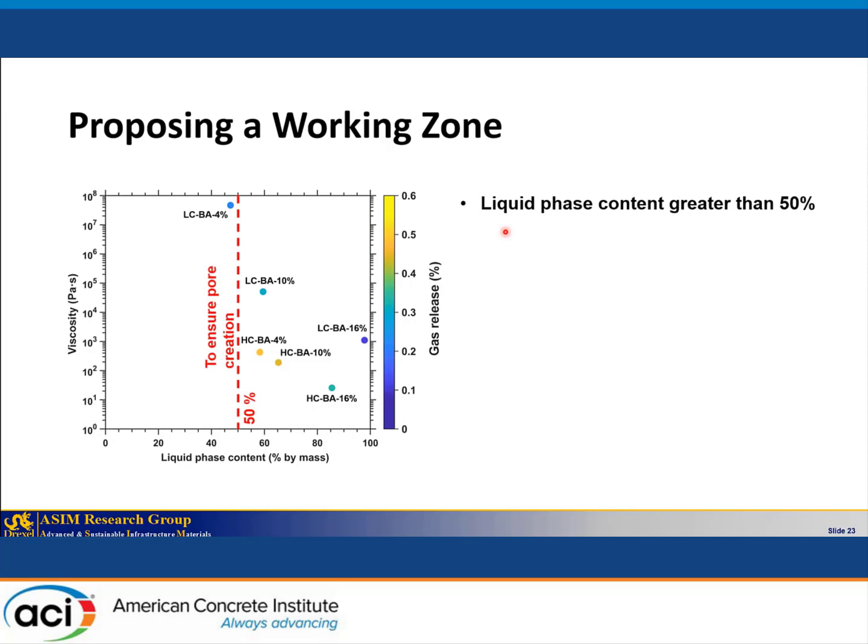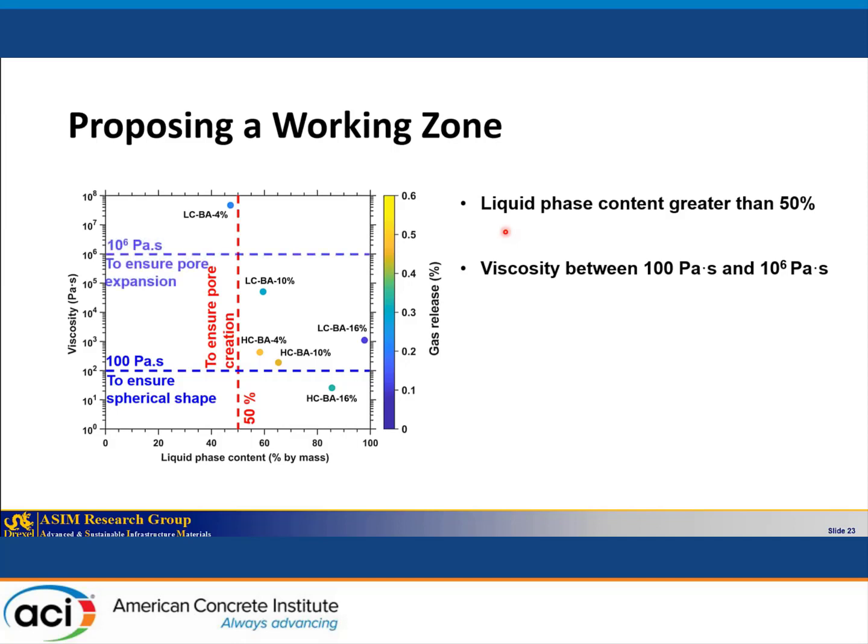So as we suggested, the minimum amount of liquid phase should be 50% to ensure pore creation in the system. To ensure we have a spherical shape, we need to have 100 pascal second viscosity, and our study shows that 10^6 could be an upper bound below which we can ensure pore expansion is going to occur, and above that, the force encapsulating one of the pores is too much to allow for pore expansion.